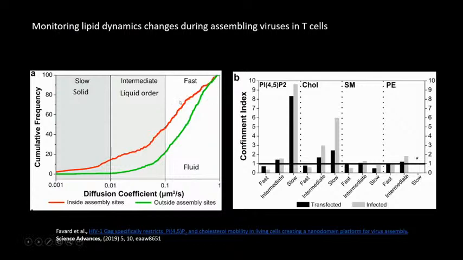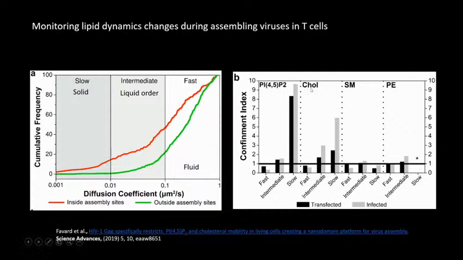Interestingly, if you look at the average number by plotting the change in the cumulative frequency when the virus is inside the assembly site, compared to outside the assembly site, then you can have a kind of confinement index that you can compare directly on transfected or infected cells.